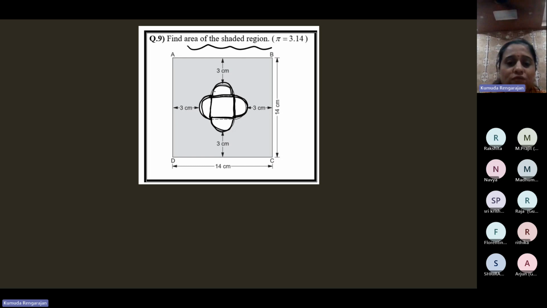To find the area of the semicircle, you need the radius. To find the area of the square, you need its side. So we'll find that first.